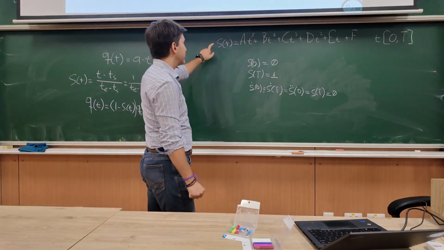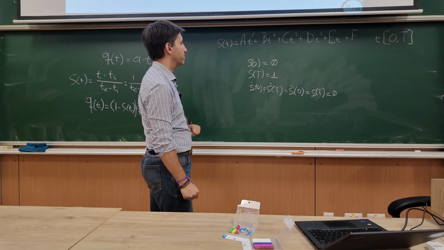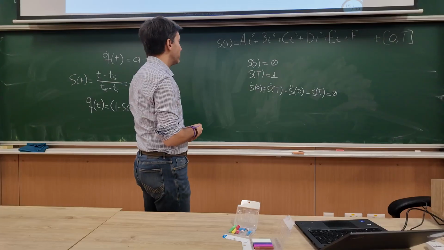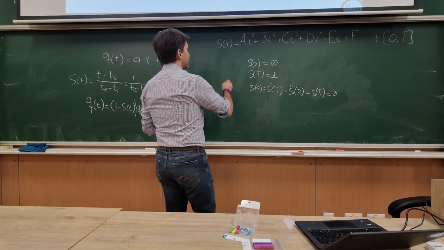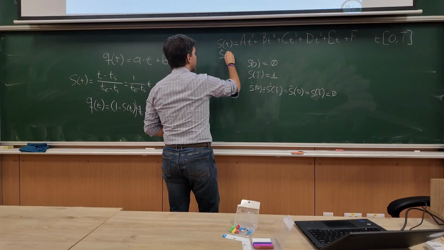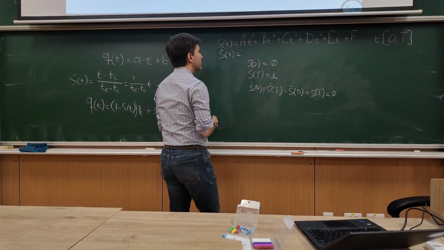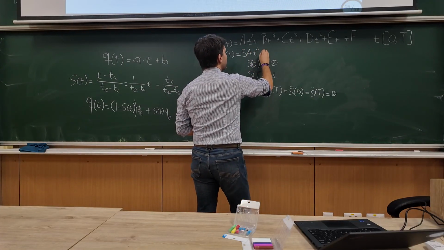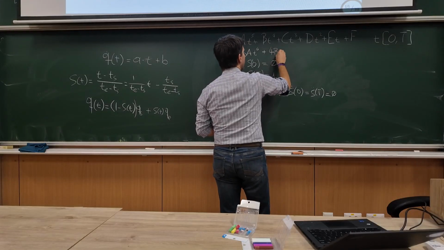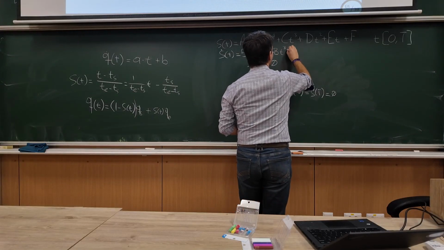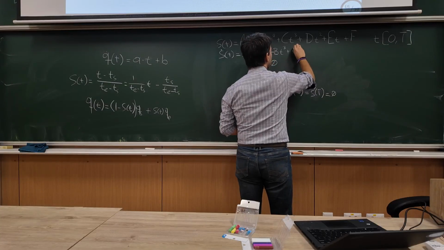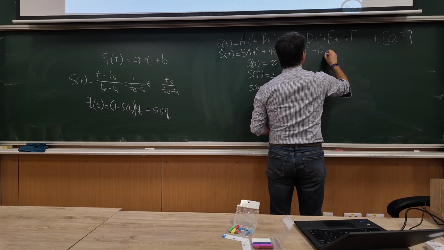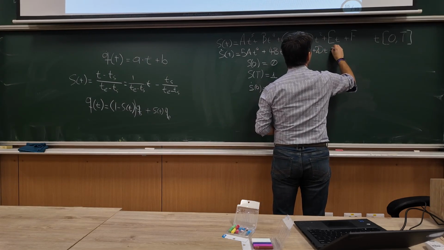Let's see, what is the derivative of this one? A fifth order polynomial. Let's write it down. What is the derivative of this one? 5a t to the power of 4 plus 4b t to the power of 3 plus 3c t to the power of 2 plus 2d t plus e.